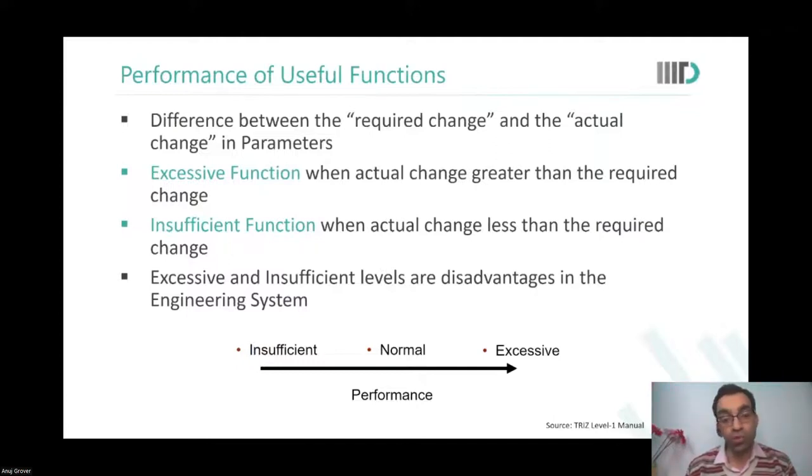It could happen that it is doing that useful function a bit too much, excessive, or it is not able to do the function at the required level of performance. So it is insufficient, and then it could be normal. So excessive and insufficient levels of performance are disadvantages in the engineering system. Now, if you think about it, excessive performance of a function sounds like it would be good.